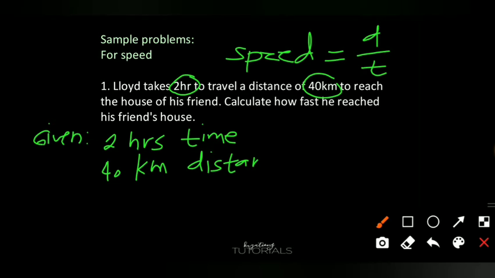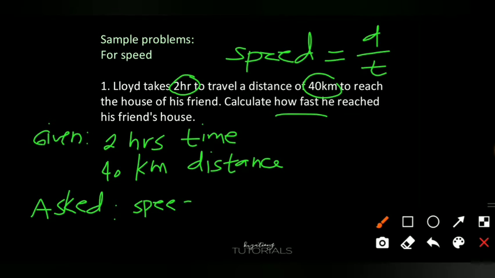Okay. Sunod, ang atong ask, ang atong gipangita, ang speed, di ba? Kaya ang atong instruction is, calculate how fast, unsa ka paspas, which is the speed, di ba? So, ang atong ask is ang speed. Okay, so question mark.